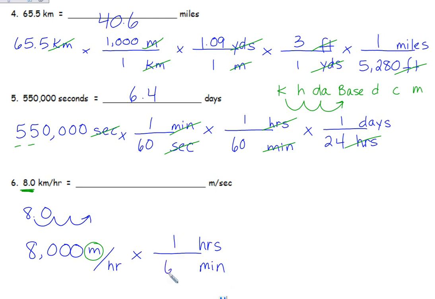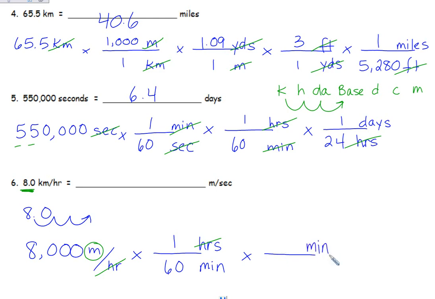And then very similar to the previous. 1 hour, 60 minutes. But now watch what I can do. I have hours on the top, I have hours on the bottom. They're out. If I plug this in my calculator right now, I have units of meters per minute, which is not quite what I want. I want meters per second. So we can do one more. Again, right now I have minutes on the bottom. I want it to cancel, so I'm going to put it on the top.